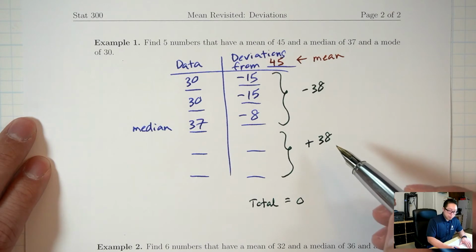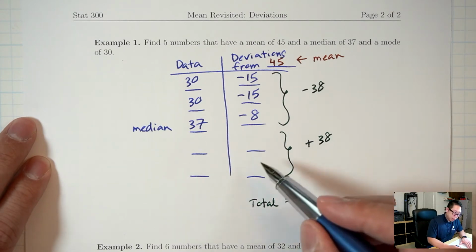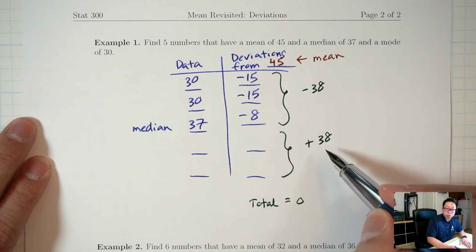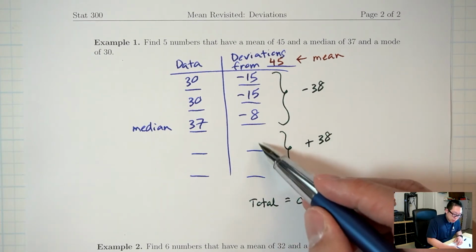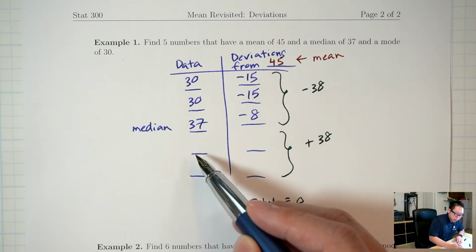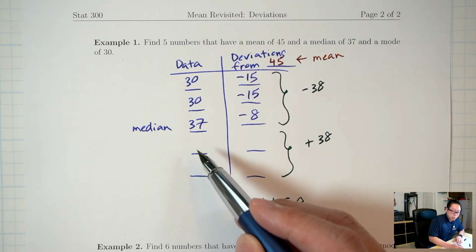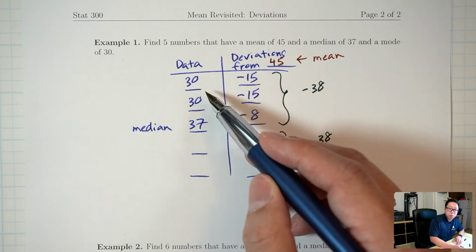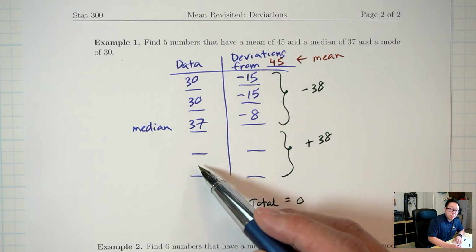Now let me back up. Not any numbers. I could go plus 19 because that does equal plus 38, but I don't want to pick the same numbers here. If I pick the same numbers, these two data values would be the same, and then I'd have a tie with the two 30s, which means I'll have another mode.